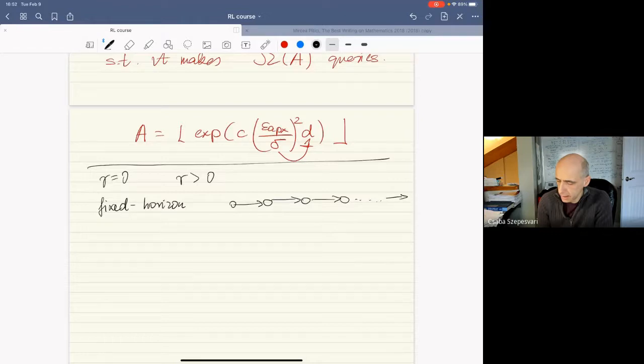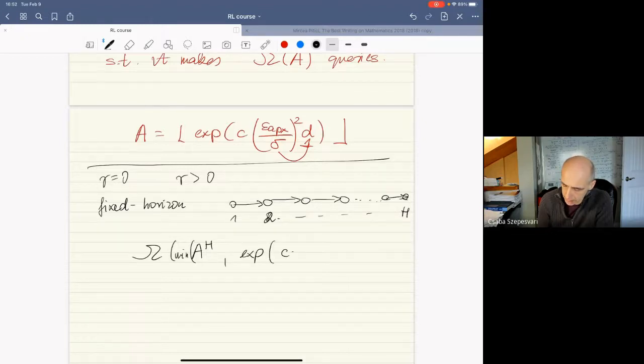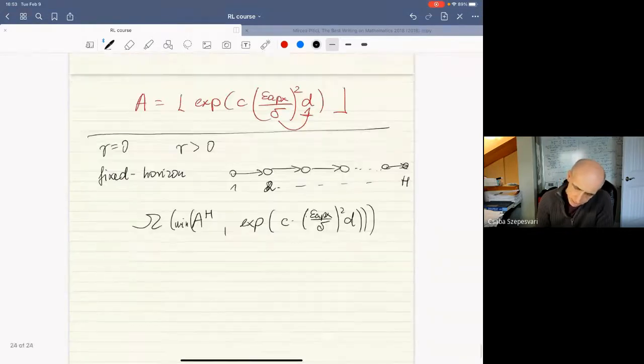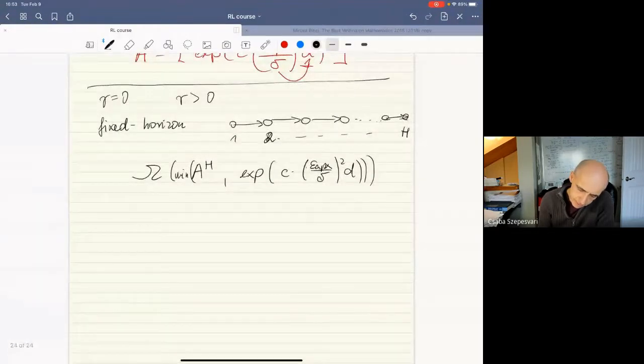So the number of steps in an episode is H, capital H. And there the result is that the compute time is going to be something like the minimum of A to the H, and then this quantity that we have seen with this C universal constant. And the construction of this is not too hard.